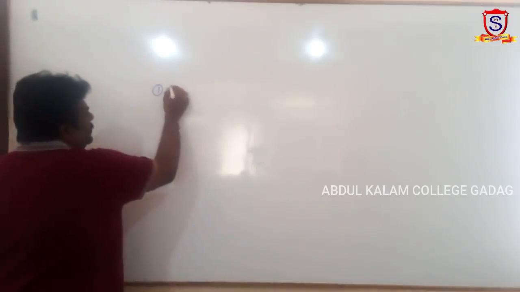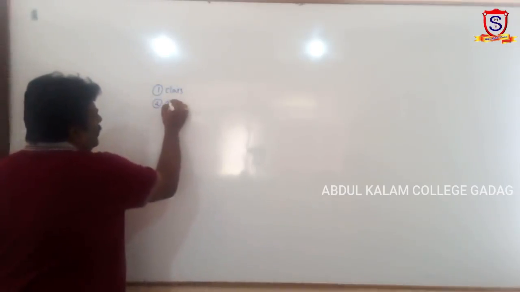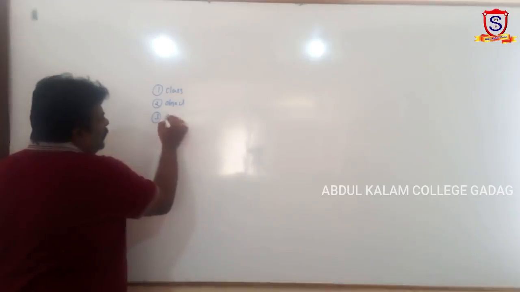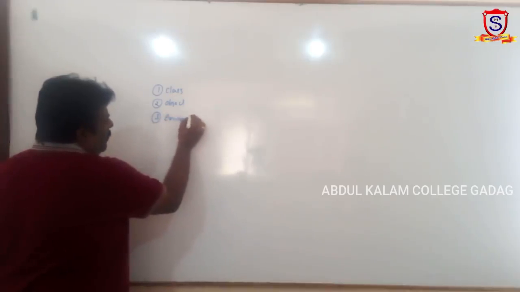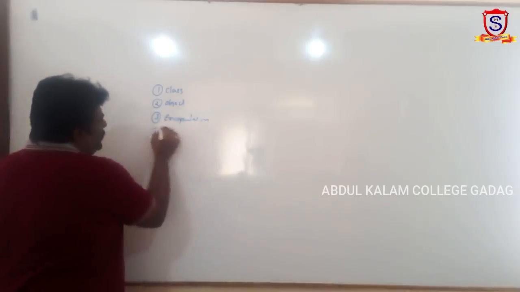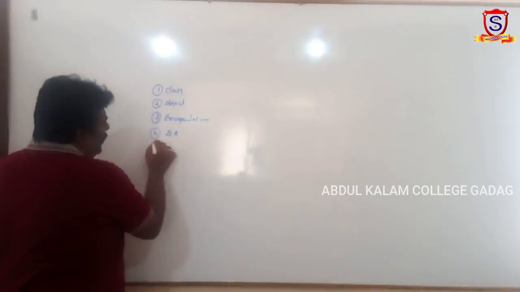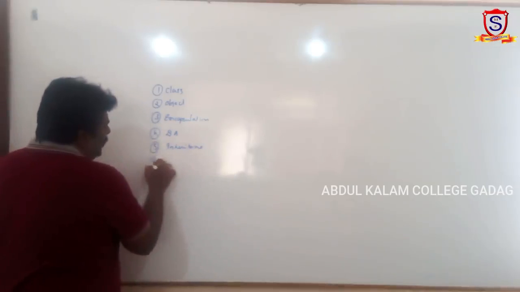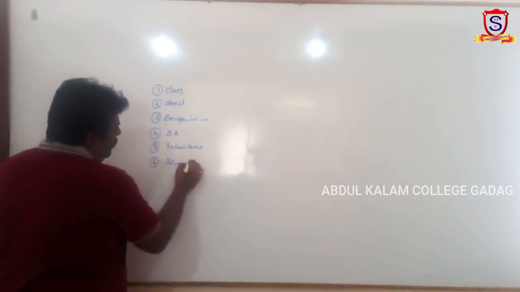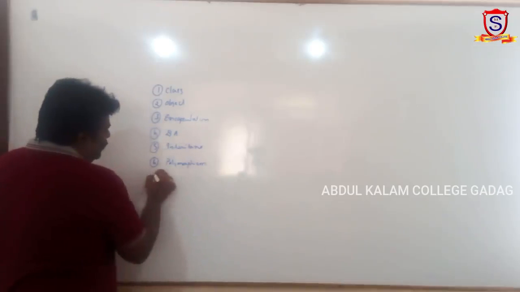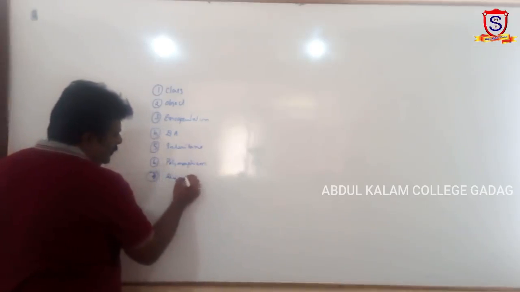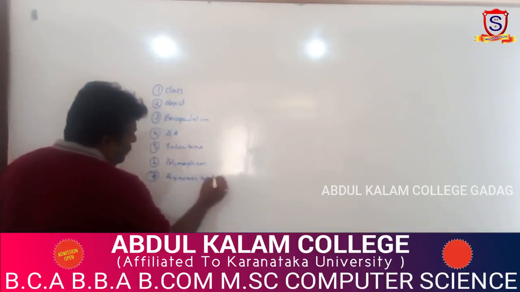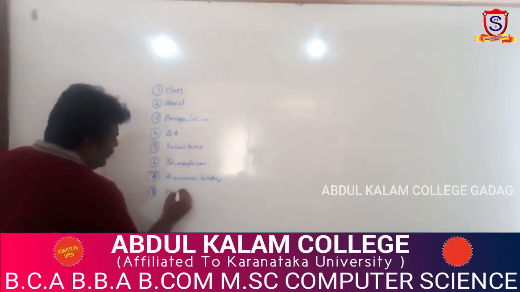First one is class, second one is object, third one is encapsulation, and fourth one is data abstraction, fifth one is inheritance, and sixth one is polymorphism, seventh one is dynamic binding, not yet discussed about, and last one will be message passing.